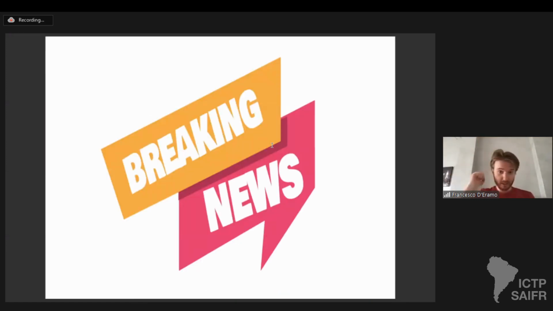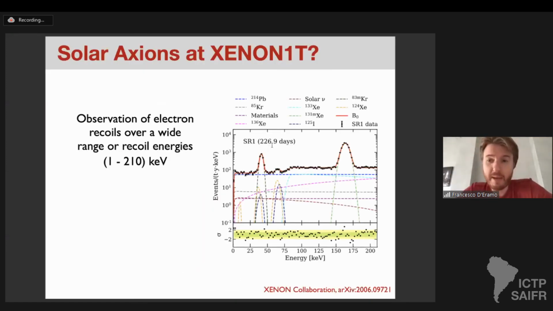The breaking news of 2 weeks ago is that maybe we have seen something similar, but I emphasize maybe. Here I reported the experimental results: the number of electronic recoil events as a function of the recoil energy of the electron, in a wide range from 0 to 210.